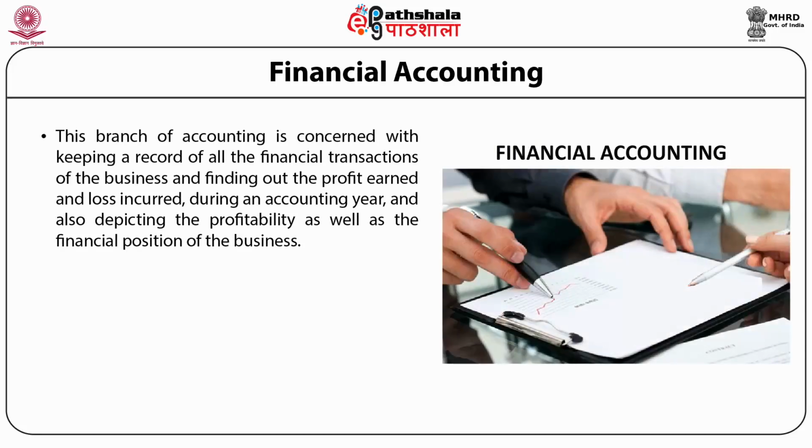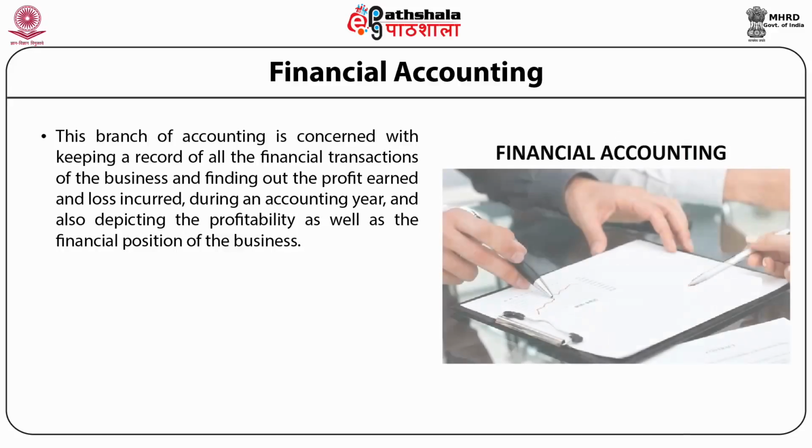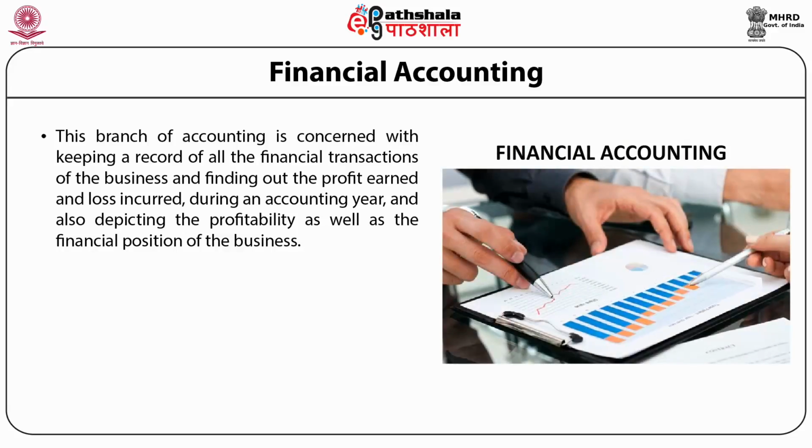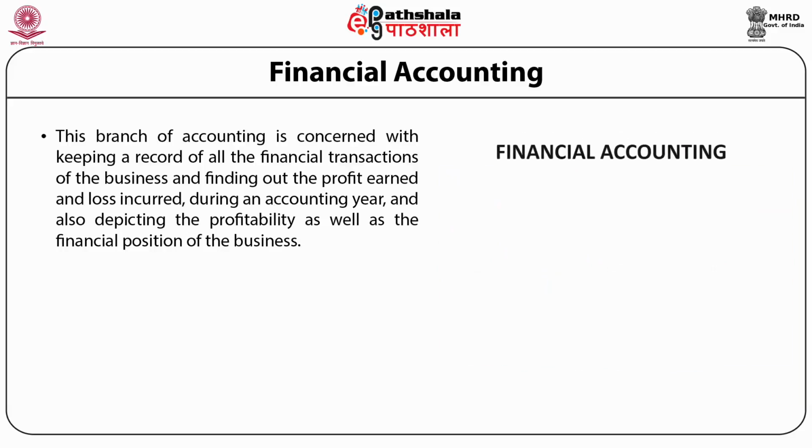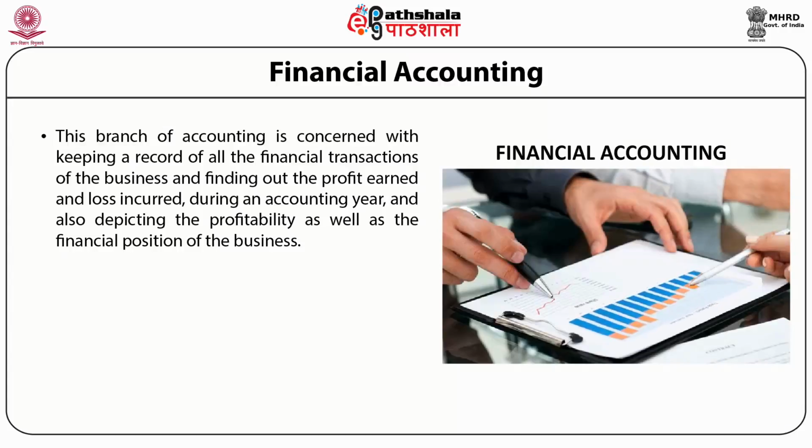This branch of accounting is concerned with keeping a record of all the financial transactions of the business and finding out the profit earned and loss incurred during an accounting year, and also depicting the profitability as well as the financial position of the business.